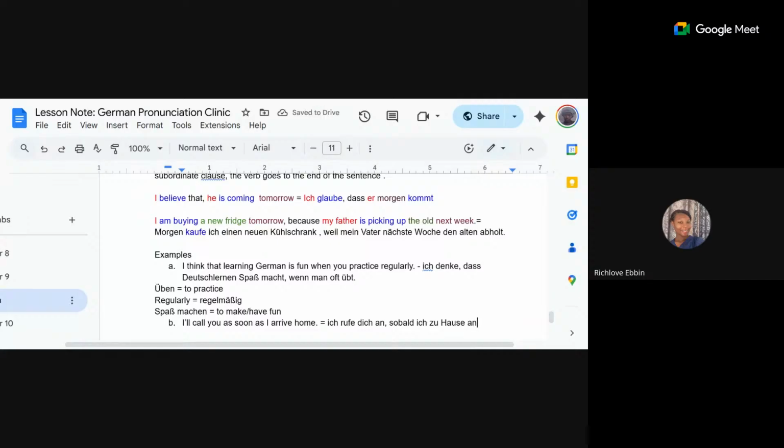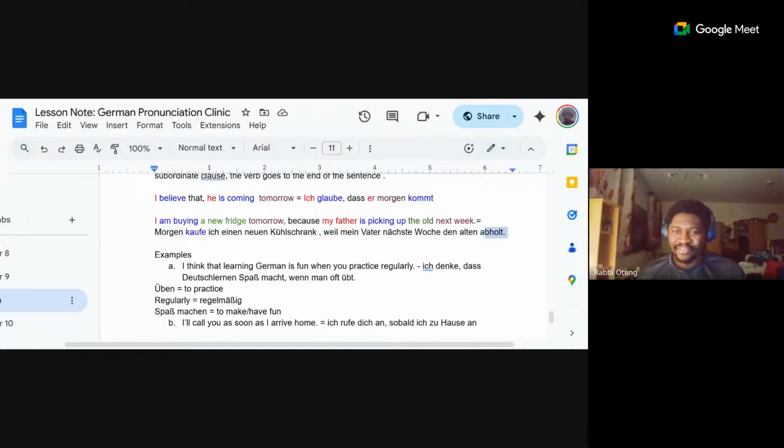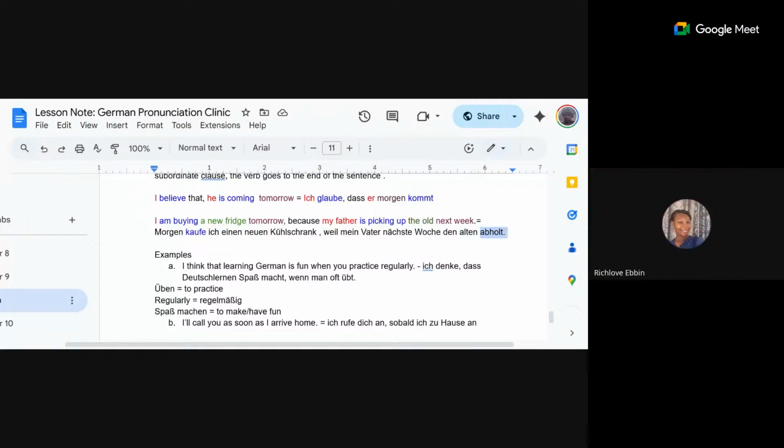So I want to ask a question here. Ankommen. Once you realize this thing has a prefix that it's separable, so this one, are we going to separate it, or will we just do like you did here? This one is separable, but at the end of the clause.